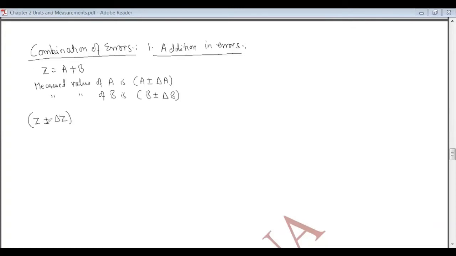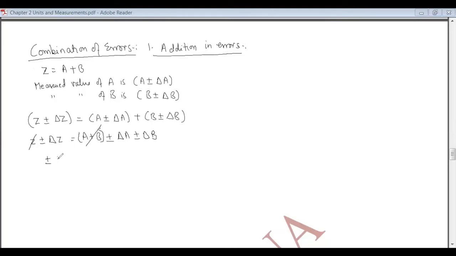So now the sum can be written as Z plus minus delta Z, when the measured values are added, that is A plus minus delta A plus B plus minus delta B. Now this can be written as A plus B plus minus delta A plus minus delta B. Now we know that Z is equal to A plus B, so it can be cancelled from both sides.